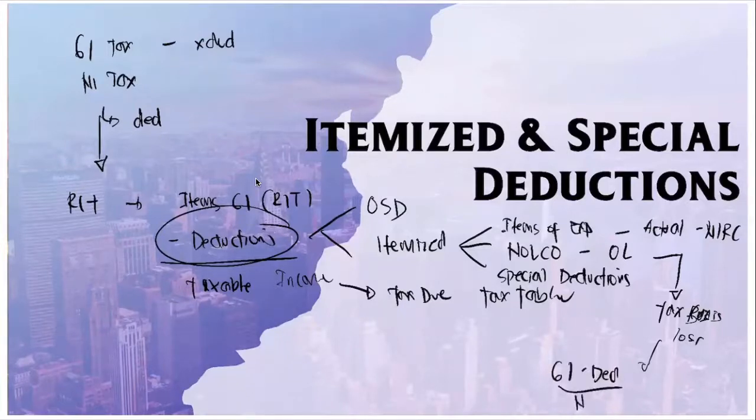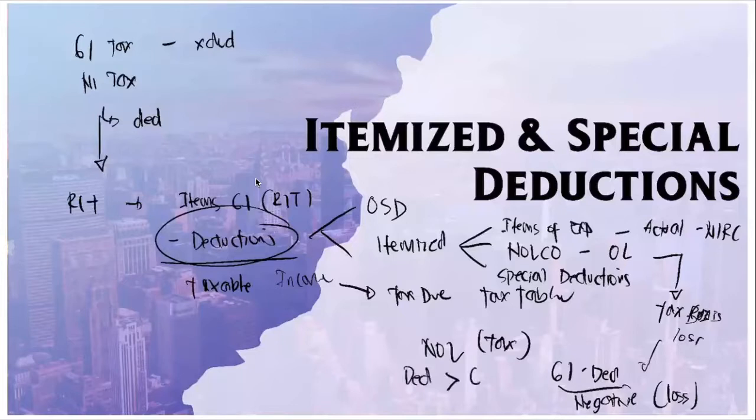If this will yield a negative amount, then we have a loss. Therefore, when do we have a net operating loss under your tax? Under tax, net operating loss happens if your deductions are greater than your gross income.